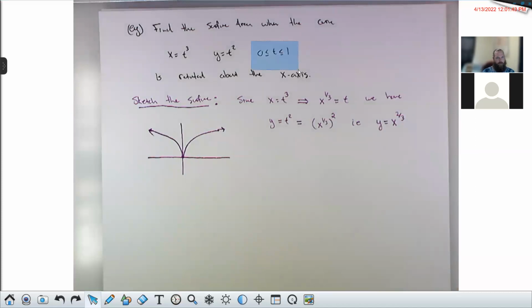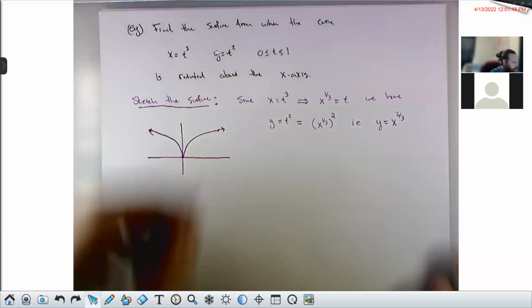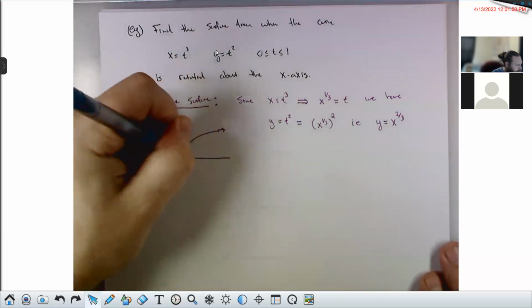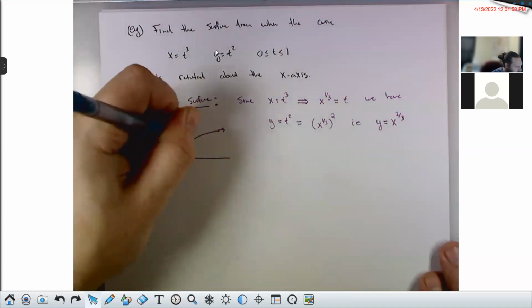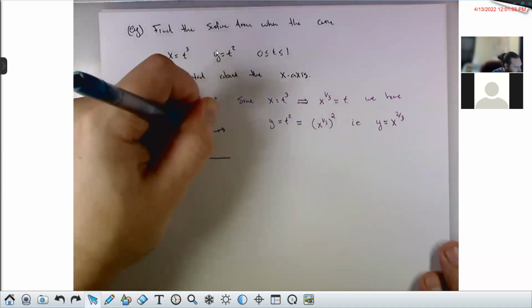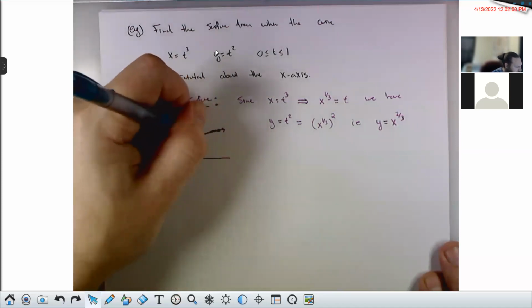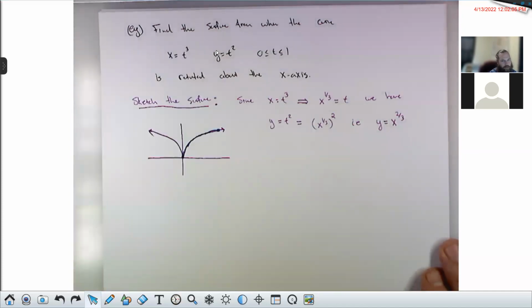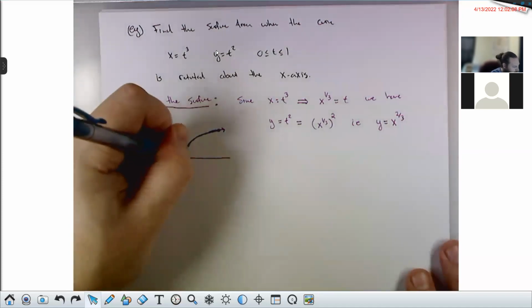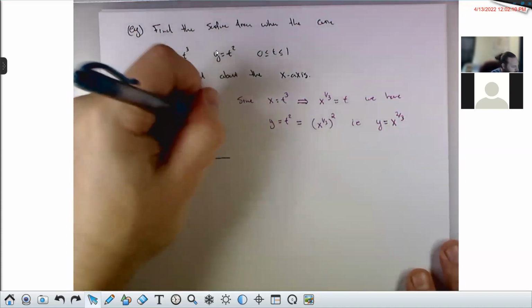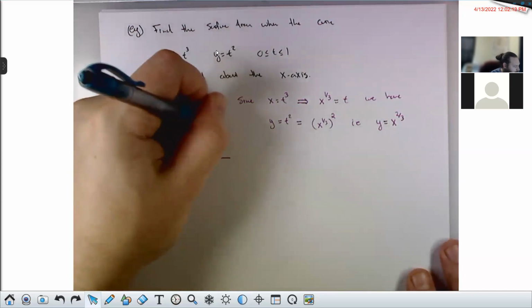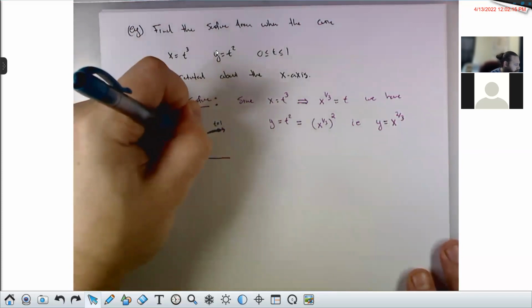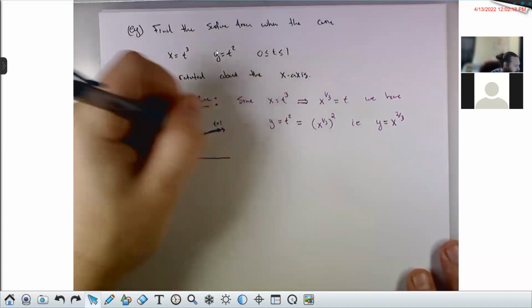Since t is running from 0 to 1, and both x and y are straight up power functions of t, that means we're looking at the portion of this graph that goes from 0, 0 to, I'll call this 1, 1 here. So the part that I am bolding is our parametric curve. t equals 0 down here, t equals 1, this point up here. And our orientation is like this.